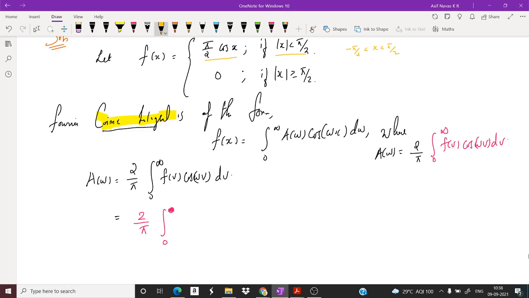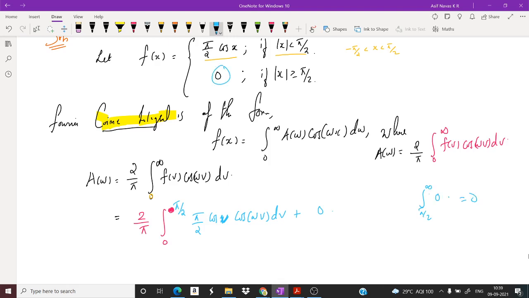So our integral is from 0 to pi by 2. We have the value pi by 2 cos x, and for f of v, I am writing instead of x, v, cos v, cos omega v dv, plus pi by 2 to infinity, it will be 0 plus 0. Integral pi by 2 to infinity, value is 0.